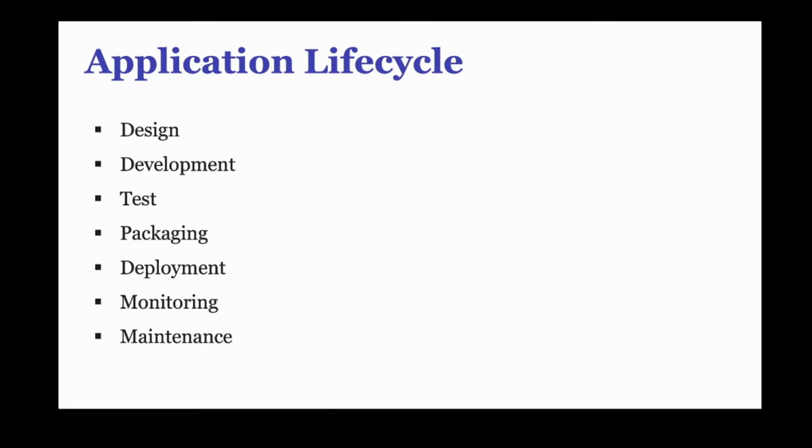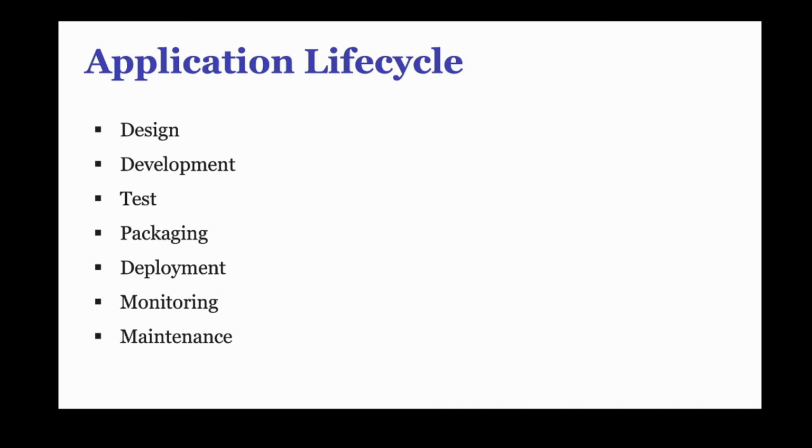And once the deployment is done, we start monitoring it. And with time, we need to maintain our application. Could be upgrade, could be downgrade, could be fixing up issues. So our application goes through the entire phase of these different stages and comes out as a single product, right?